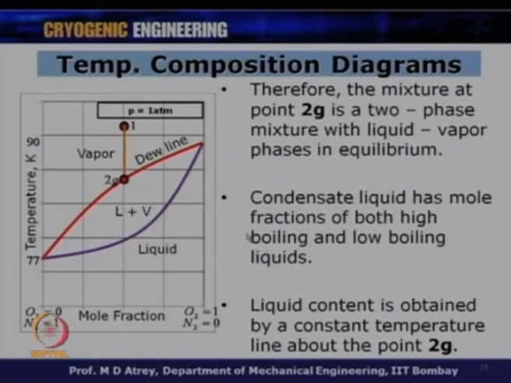As I said, the vapor and the liquid are in thermal equilibrium, that means the temperatures of both the phases are the same. So, the temperature remaining the same, that means I will have to draw a horizontal line, and this horizontal line will hit the dew line at one point, and will hit the bubble line at one point, and therefore, these 2 points will give me the vapor and liquid points respectively.